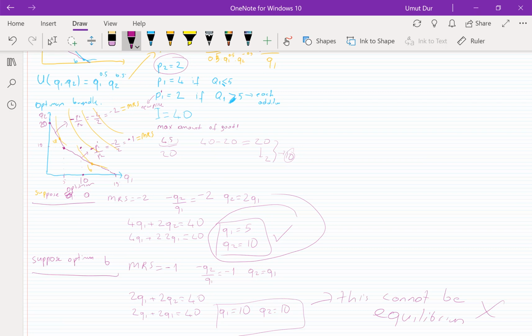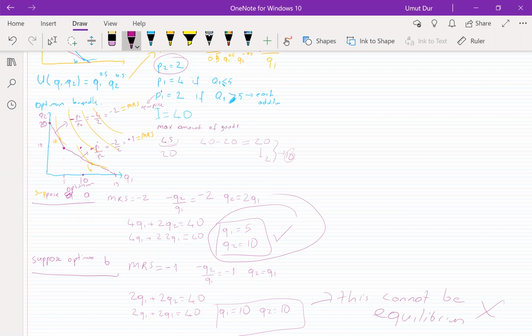So in order to find an equilibrium supporting that the marginal rate of substitution is minus 1, I need to find Q2 less than 10 and Q1 greater than 5.